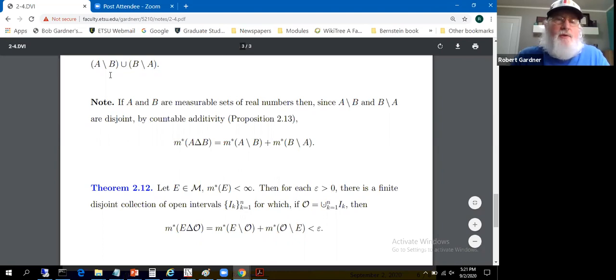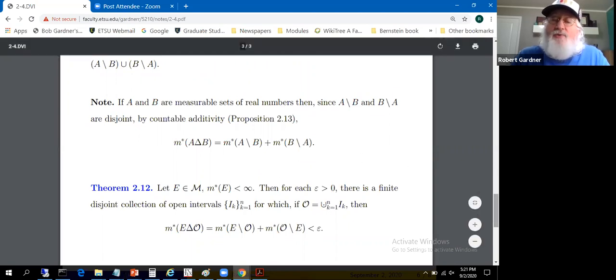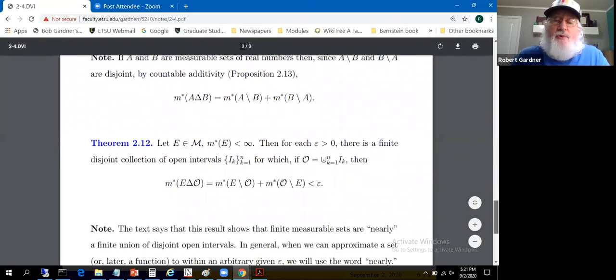Those are disjoint. This is the stuff in A that's not in B. This is stuff in B that's not in A. So certainly these are disjoint sets, by the way. So countable additivity, it's overkill, finite additivity, tells us you can measure symmetric differences by taking sums of those two little outer measures.